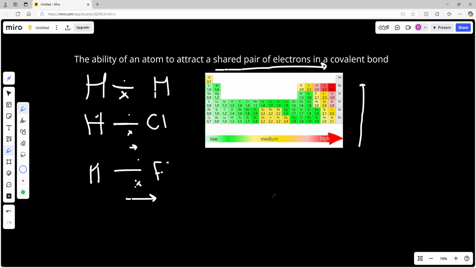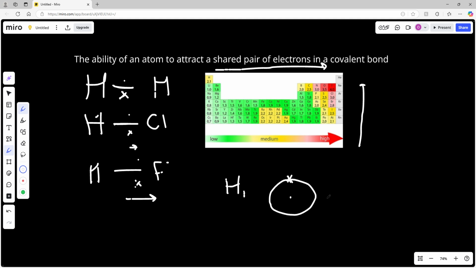So why does this actually happen? Well, if we look at a hydrogen atom, for example, we have 1 electron in its outer shell and 1 proton. You may have heard of things like electron shielding, atomic radii and atomic size.